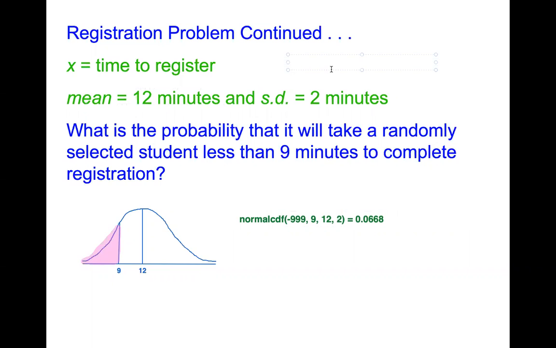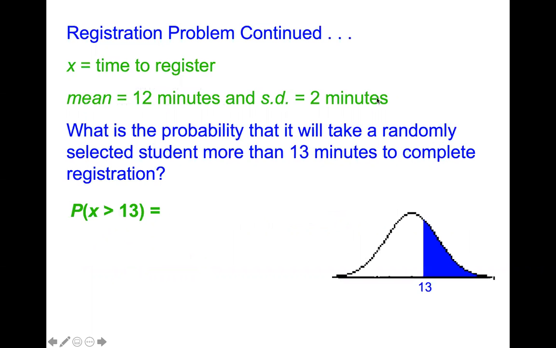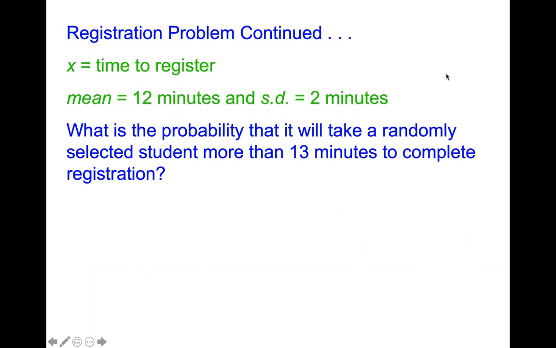Thank you. Okay, let's go to our next one. All right, so this one says, what is the probability that it will take a randomly selected student more than 13 minutes to complete registration?